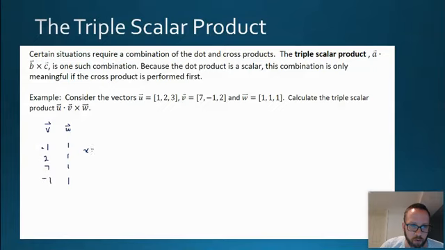And we get -1 take away 2, -3. 2 take away 7, -5. And 7 plus 1, 8. So v crossed with w is -3, -5, 8.